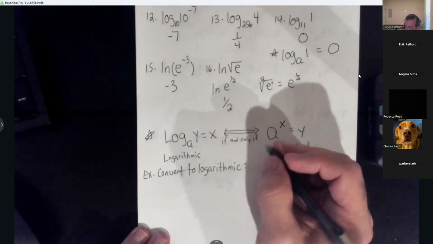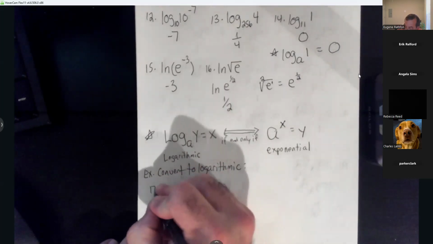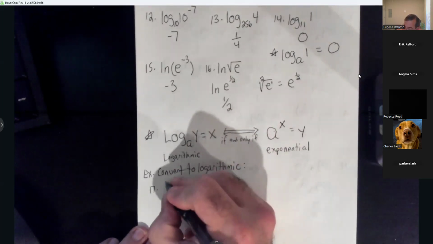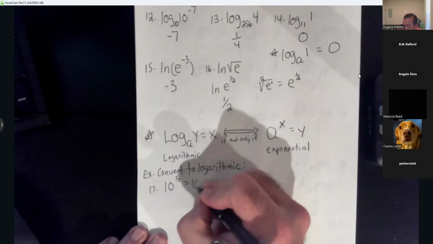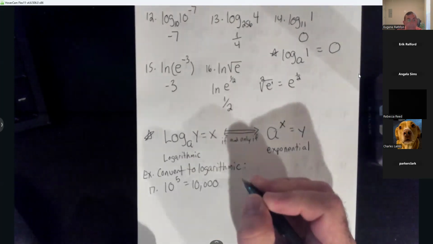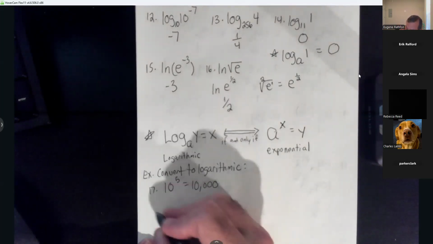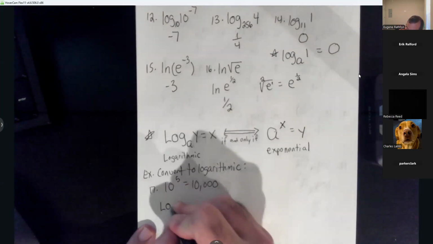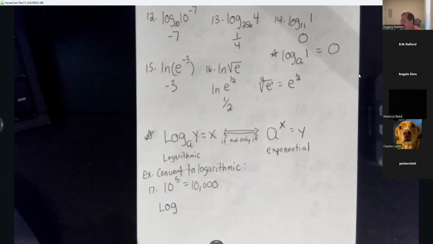So I'm going to do a couple of these ones. I'm going to do one like 17. I got 10 to the 5th equals 10,000. All right, y'all. So here's what you're going to do. I need to write log down first, L-O-G. So the first question, what would the base of my logarithm be?